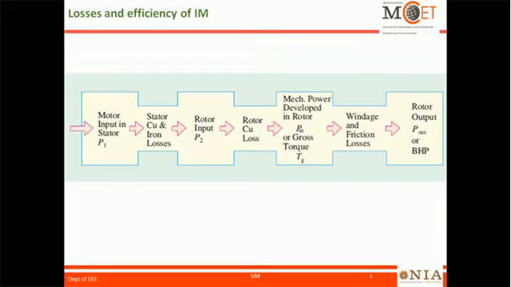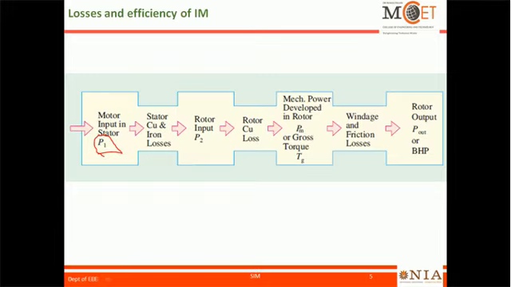Here the motor input, which may be denoted as P1, is the three-phase supply connected to the stator winding. So the power input to the stator is P1, and from that power, the stator winding will have some losses of its own.